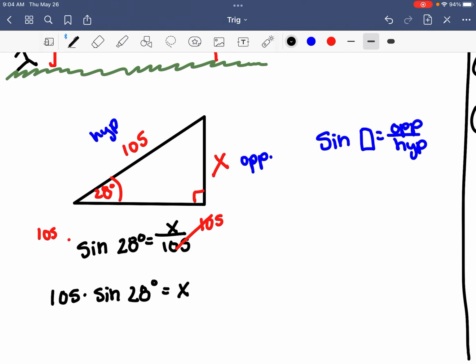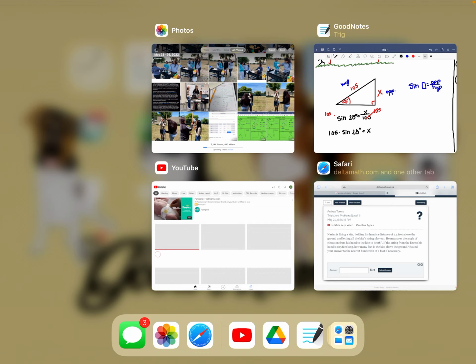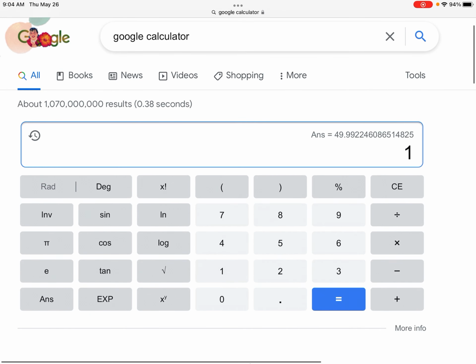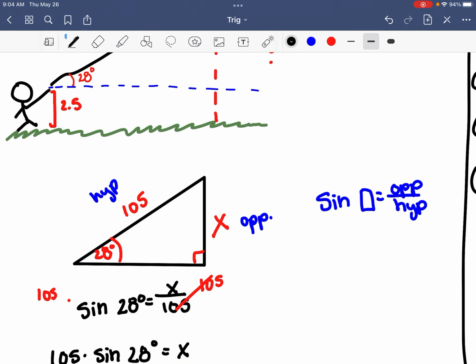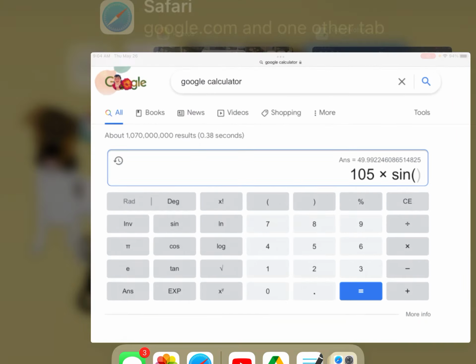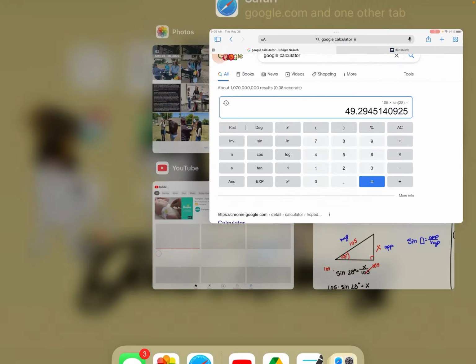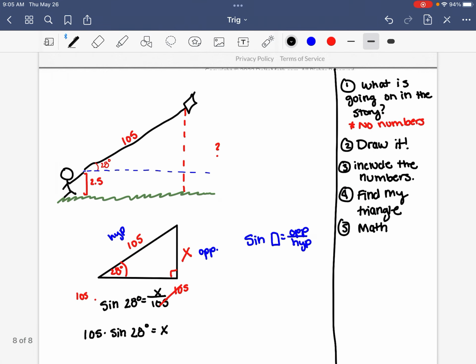So now I'm going to use my calculator. Oops. So 105 times sine of 28 degrees equals that. Okay, I'm going to see how much they want me to round by.